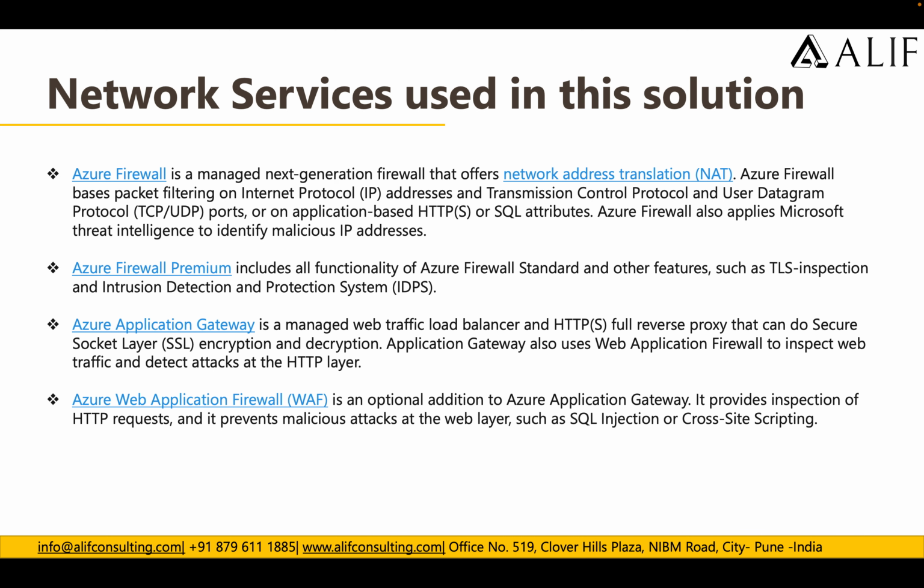WAF is a service integrated with the Application Gateway. So you have two SKUs for Application Gateway. You can have the standard Application Gateway, which will not provide any web application firewall facility but will give you the load balancing for your application. But if you need a web application firewall for your application, you definitely need the SKU of Application Gateway with the WAF.